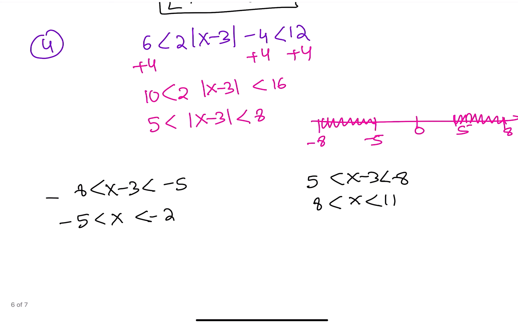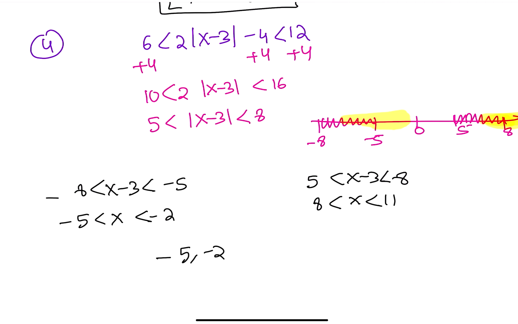So my solution is going to be that x can be between -5 and -2 here, or x can be between 8 and 11 here. Those values will make my inequality true.